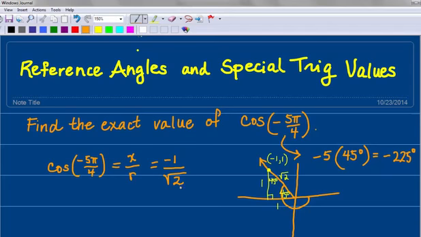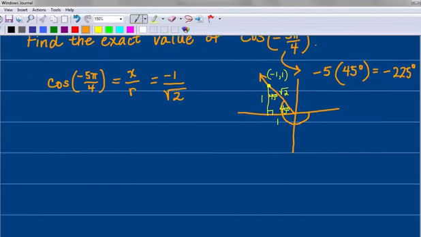So we've used what we know about reference angles to create what we call a reference triangle on the coordinate plane. And we're able to evaluate the cosine of this angle using our definition of a point on the terminal side. Let's do another example.